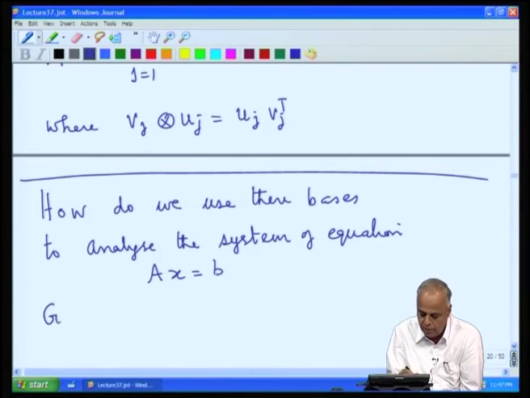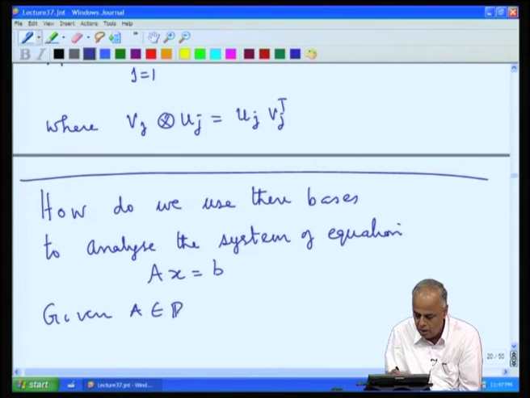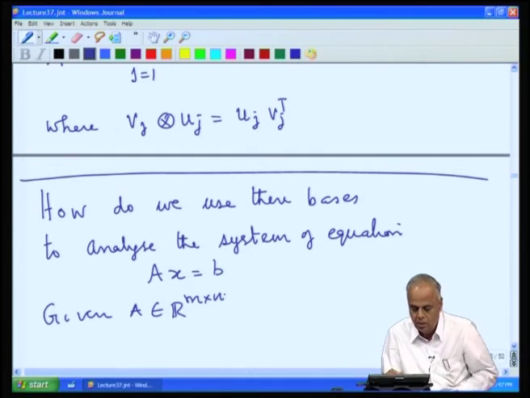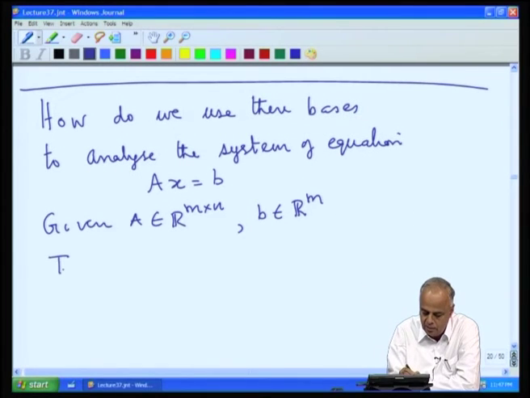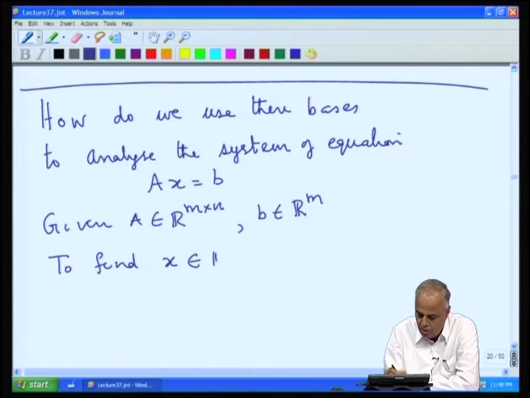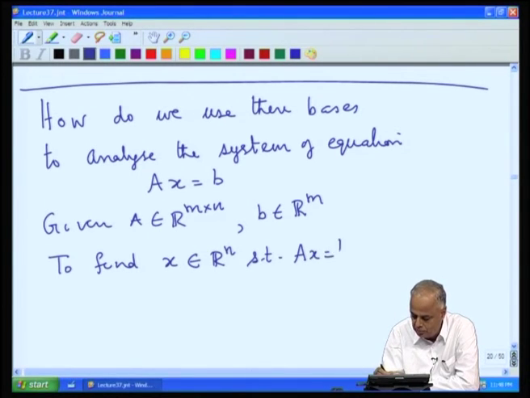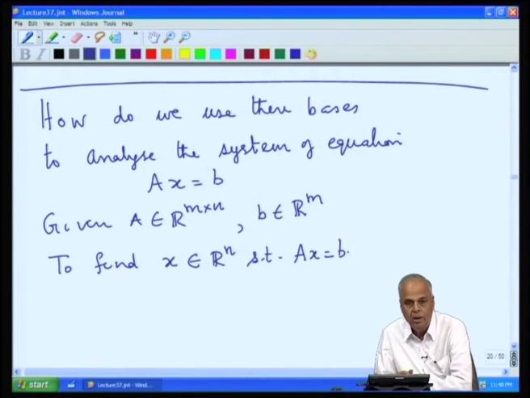Remember, we are given A in R^(m cross n) and b in R^m. We want to find x in R^n such that A x equal to b. This is our problem of the system of equations.